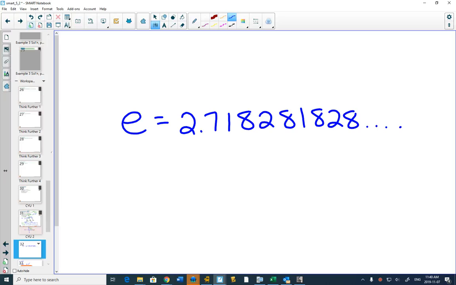So here we have the number E. And the number E is really important, in particular with exponential equations and exponential functions. And so that's why it's introduced in this unit. It becomes extra special when you take calculus next semester, right?